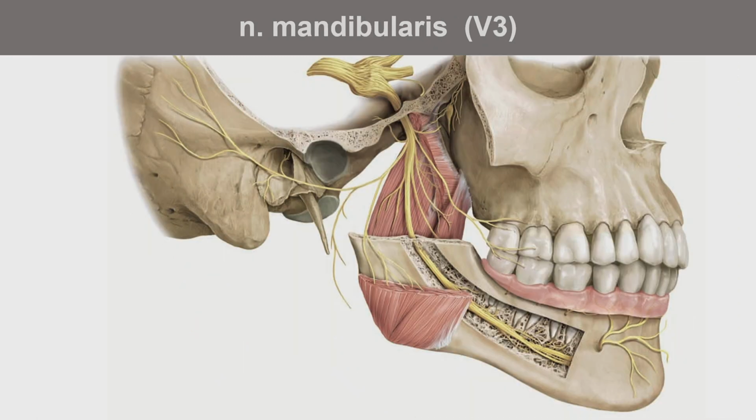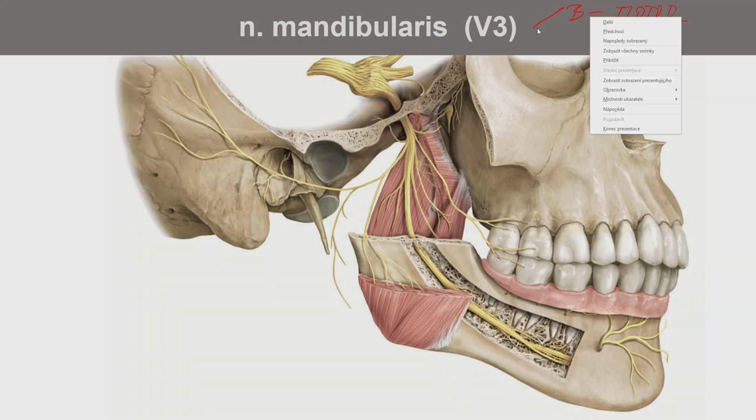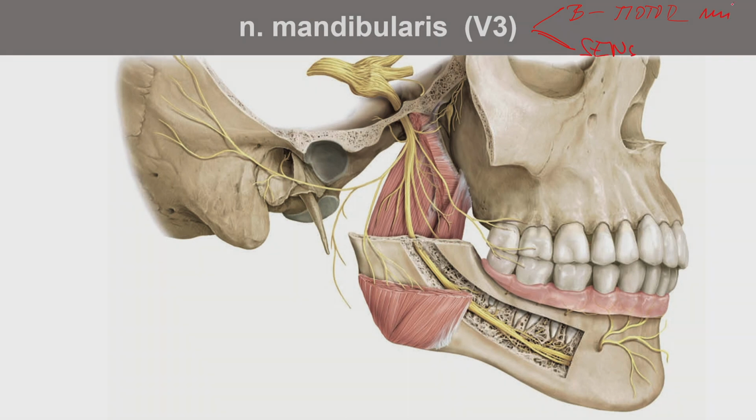So mandibular nerve, third branch. This is partially branchiomotor and much more sensoric. So this is a minor motor.